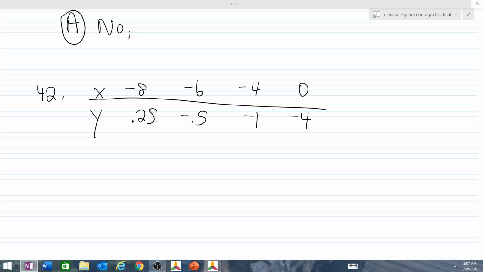All right, so what are you doing to the x's? Or the domain values? Plus 2. What are you doing to the y values? Okay, so a negative 8 plus what gives you negative 6? 2. A negative 6 plus what gives you negative 4? 2. So there is no common sum.